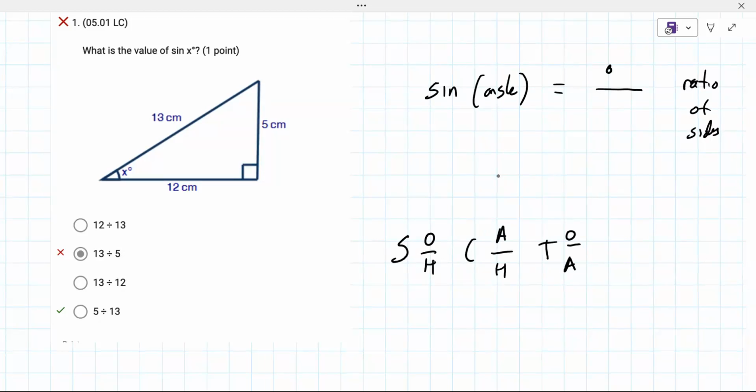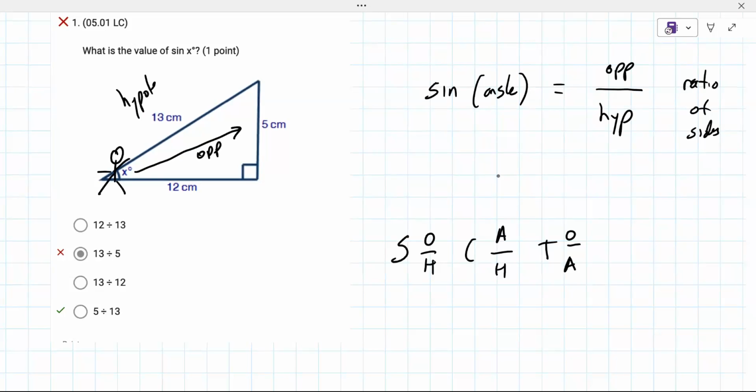So the sine of an angle is the opposite side over the hypotenuse. Imagine you're standing there. The opposite to you is right there. It's almost like the word "across" would be better. And the hypotenuse, well, there's only one hypotenuse.